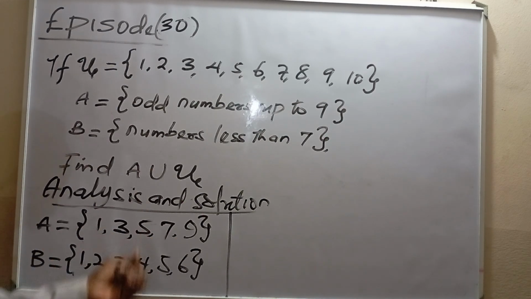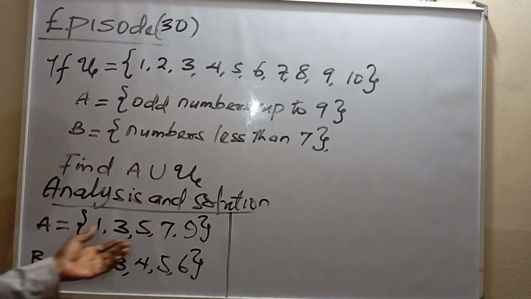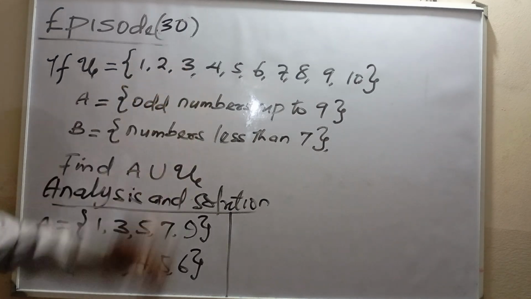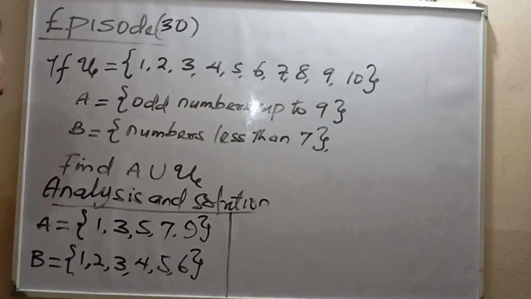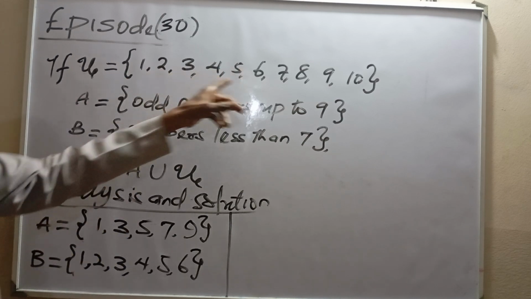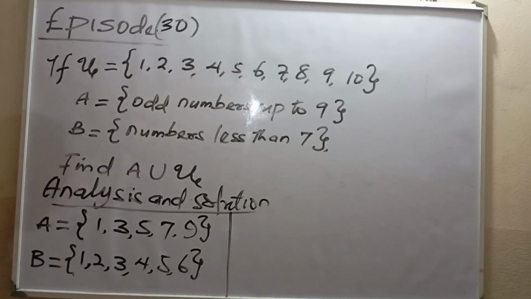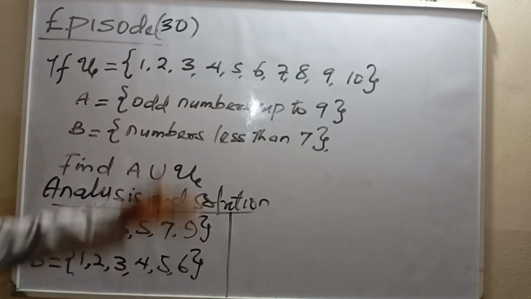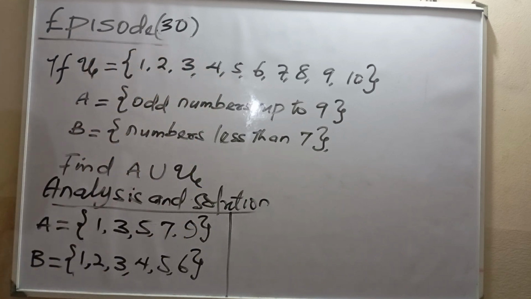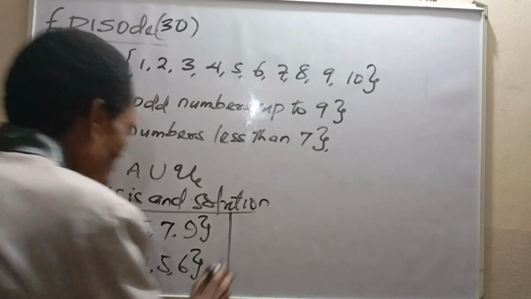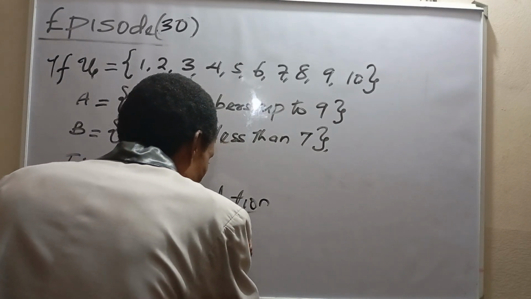We are to combine the elements of set A and that of the universal set. The elements of set A are still part of the elements of the universal set, so the answer will be the elements of the universal set.